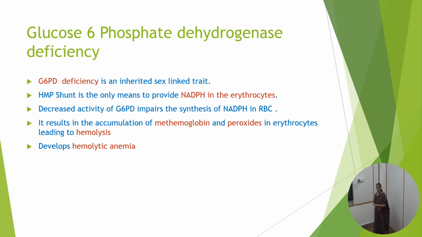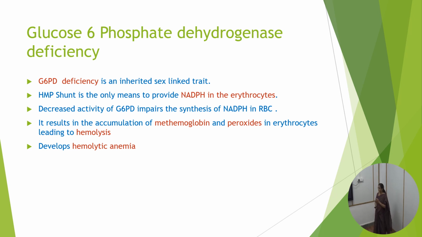And what is going to happen if glucose 6-phosphate dehydrogenase deficiency happens in the body? This deficiency is an inherited sex-linked trait, and the HMP shunt is the only means to provide NADPH in erythrocytes.